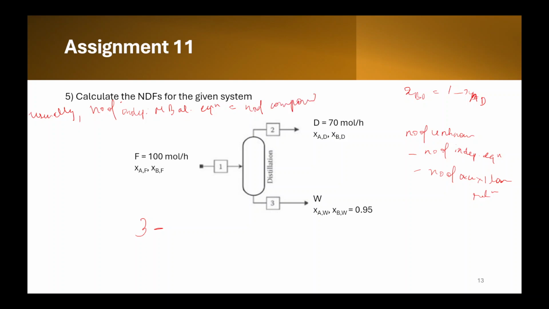Okay, so how many components are there here? 2. So the number of independent material balance equations here will be 2 only.